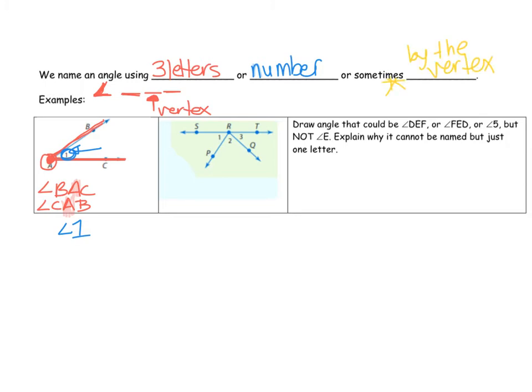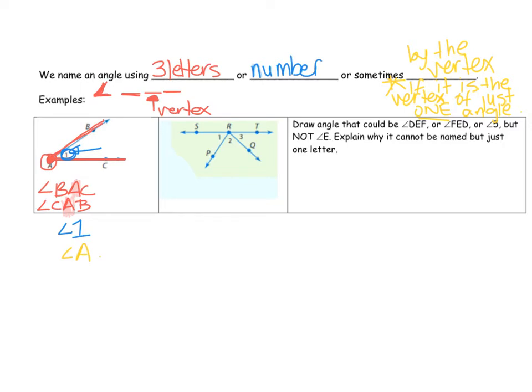This is a special situation because you can only do this if it is the vertex of that angle only. As you can see in this first example, this vertex A is the vertex only of this angle BAC, this angle 1. So I can call this angle A.